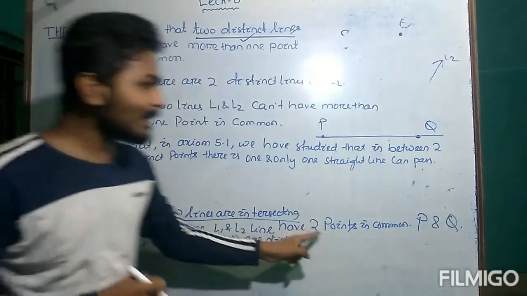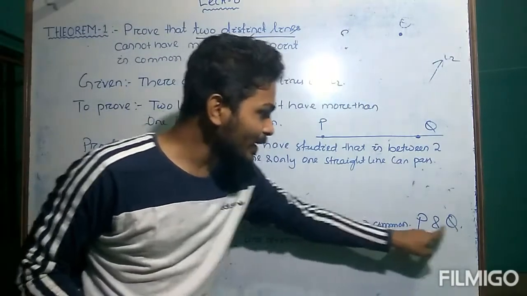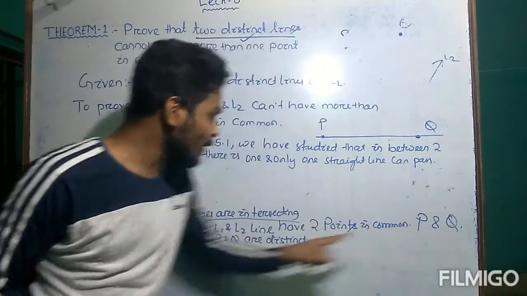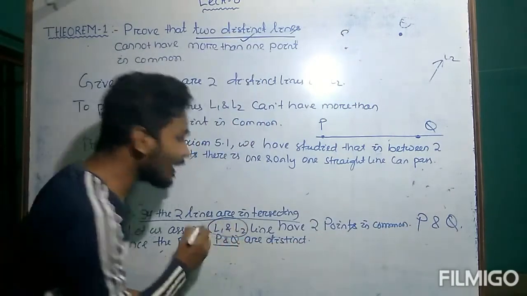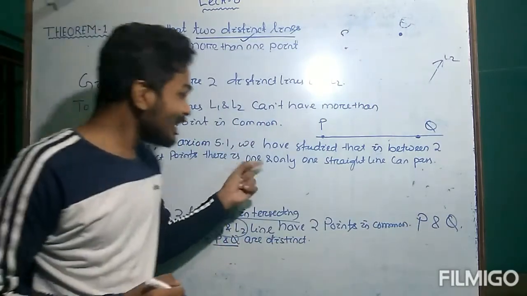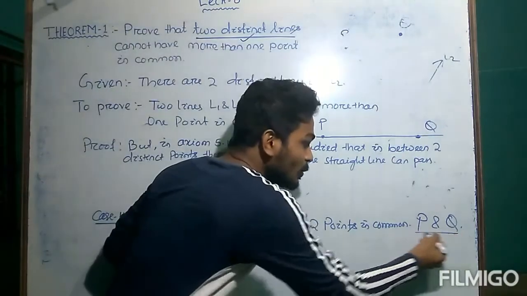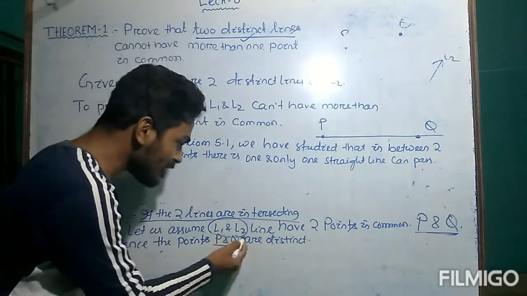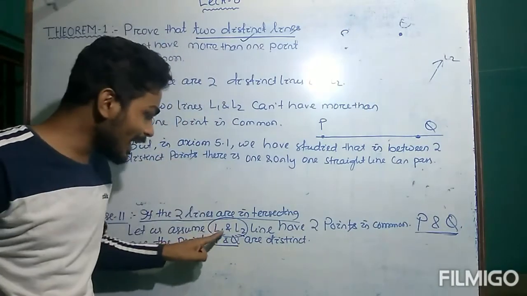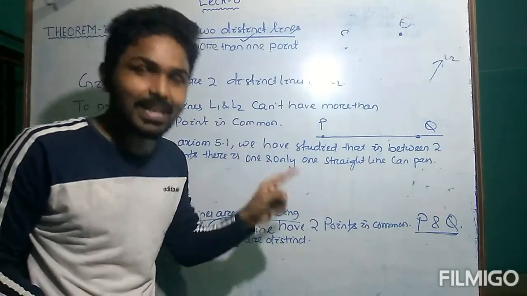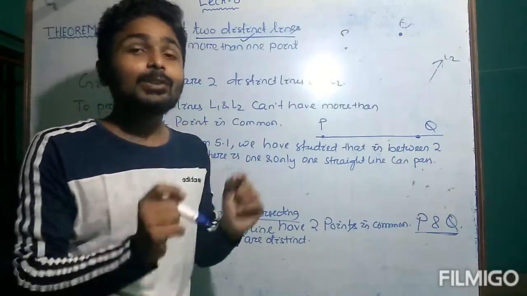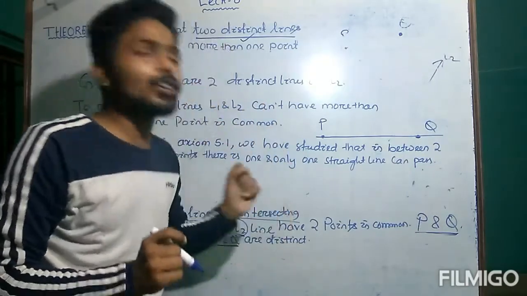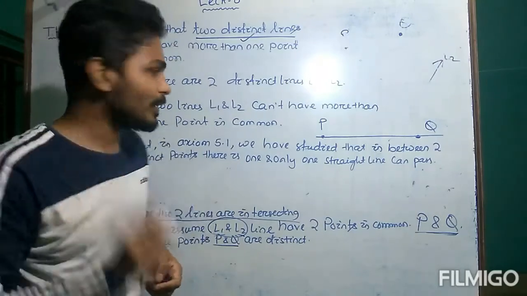But as you have assumed, through these two distinct points P and Q there are two lines L1 and L2. But the axiom says that through two distinct points you can draw only one straight line. It means your assumption that L1 and L2 are two distinct lines and they meet each other at two distinct points is wrong. Understood?